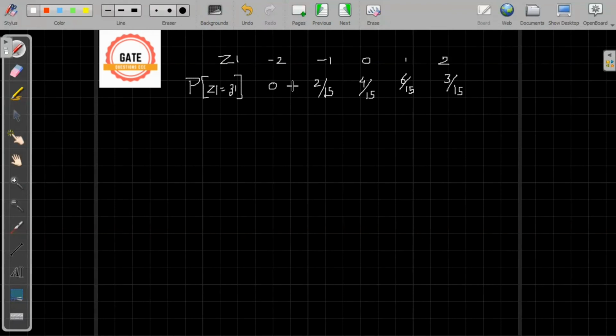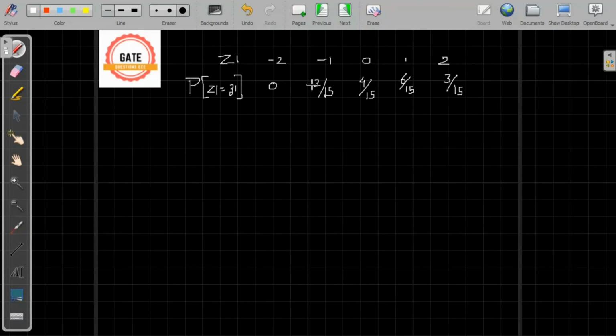This is the same result that we obtained in the PMF method as well as the CDF method. So we can solve this type of problem by any of these 3 methods, but in exams I will suggest you follow this shortcut method as it will save your time in the exam.